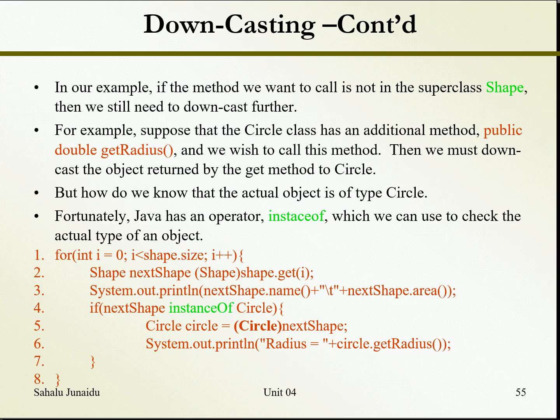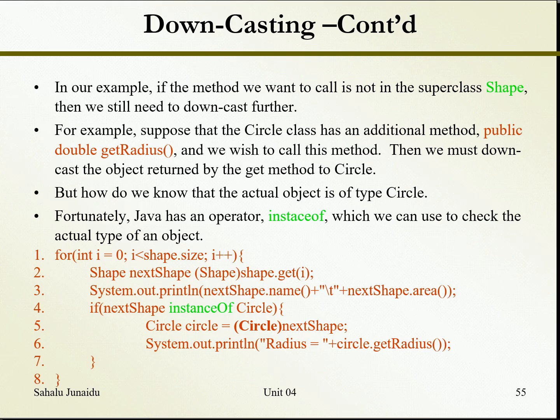Remember, we are in the loop and we don't know whether it's in the first iteration or second that we have a circle. You don't have control. You don't know the order in which they will come. So if you are trying to access radius, and the radius is not available in the square and not available in the rectangle, then what do we do?